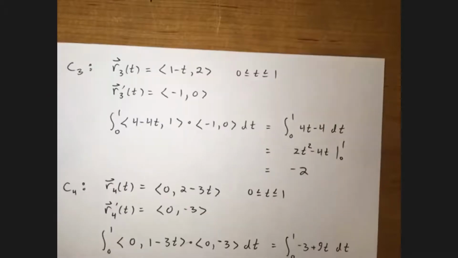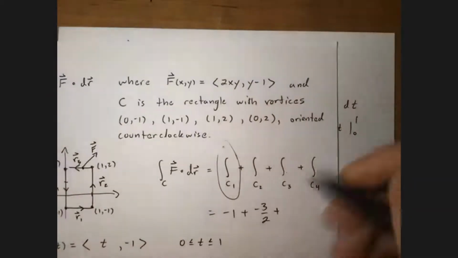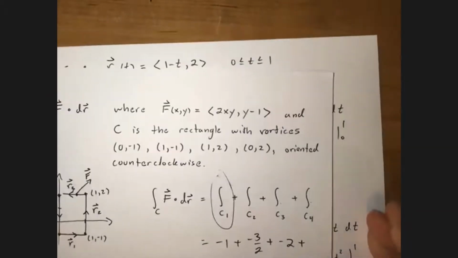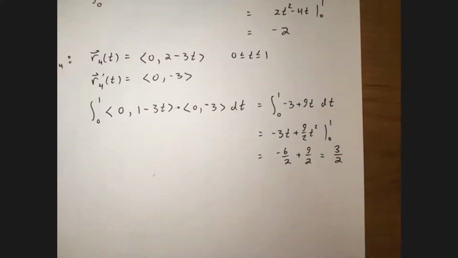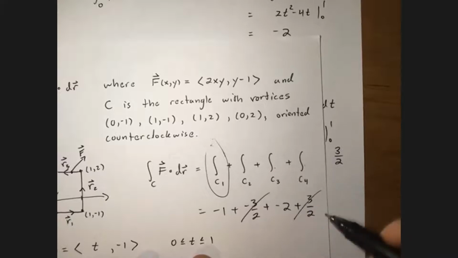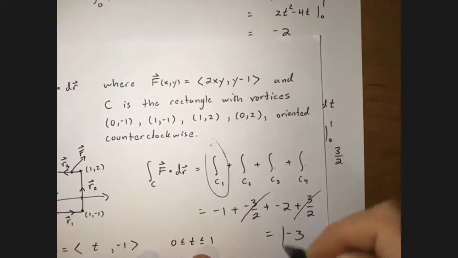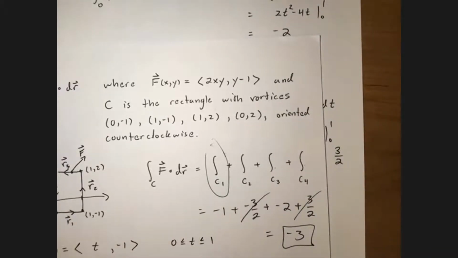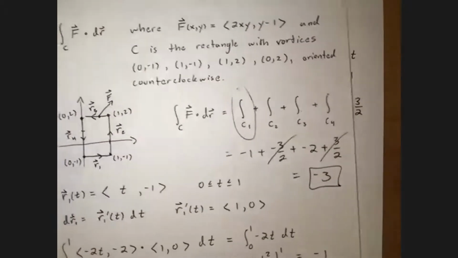Then we got -2. And then we got 3/2. Okay, well, those will cancel. The total is -3. So we did it. F dot dr is -3.